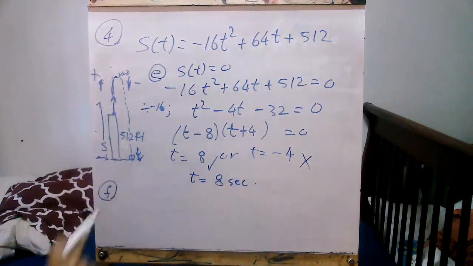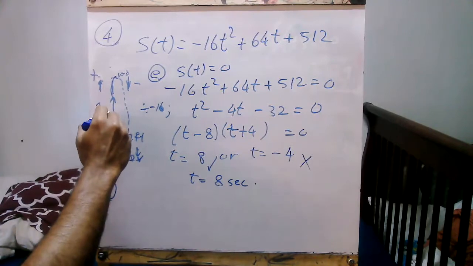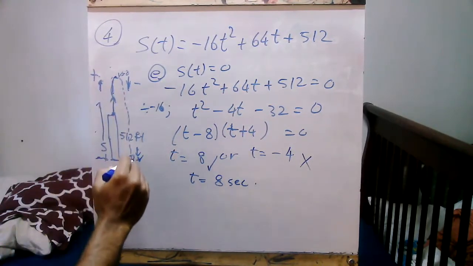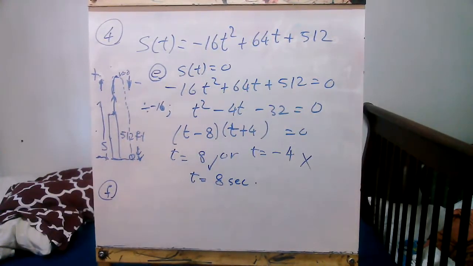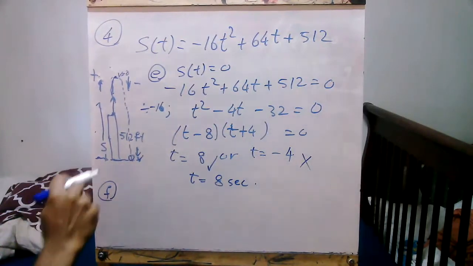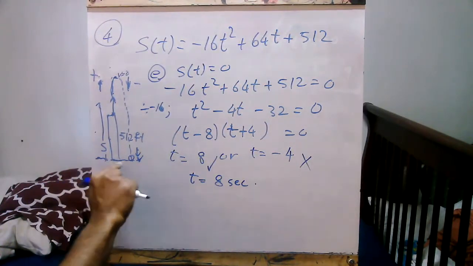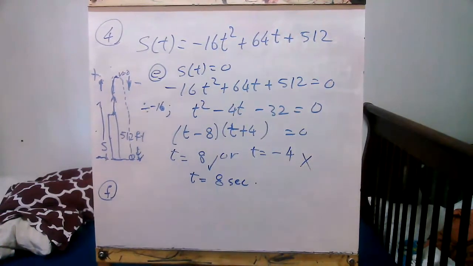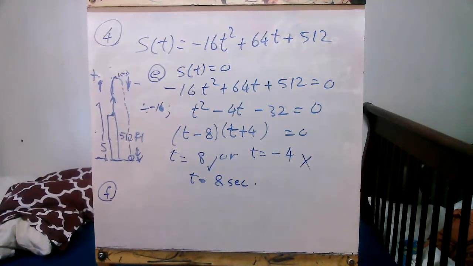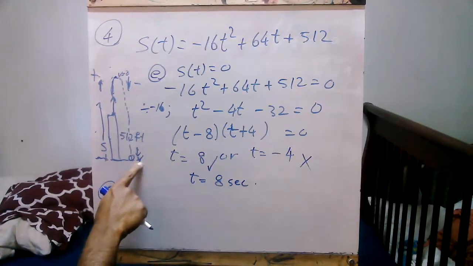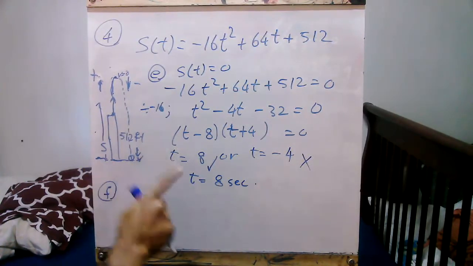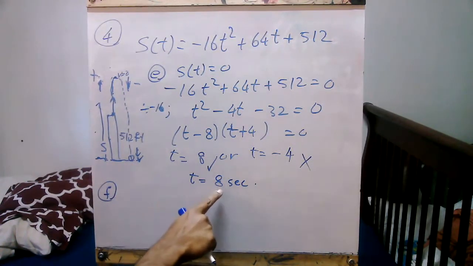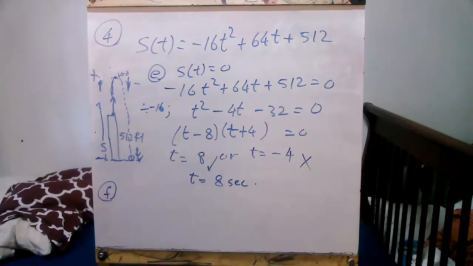How long does it take the ball to go up and come down here? That is when s is 0. When s is 0, we already found t equals 8. What is the velocity at this point? That is the velocity after 8 seconds.